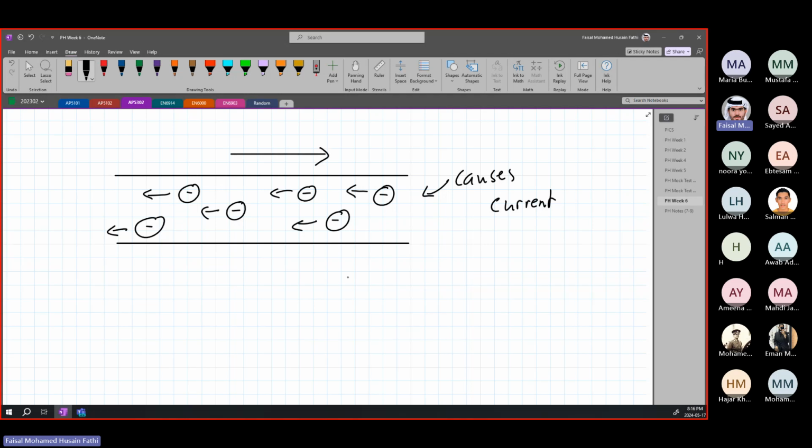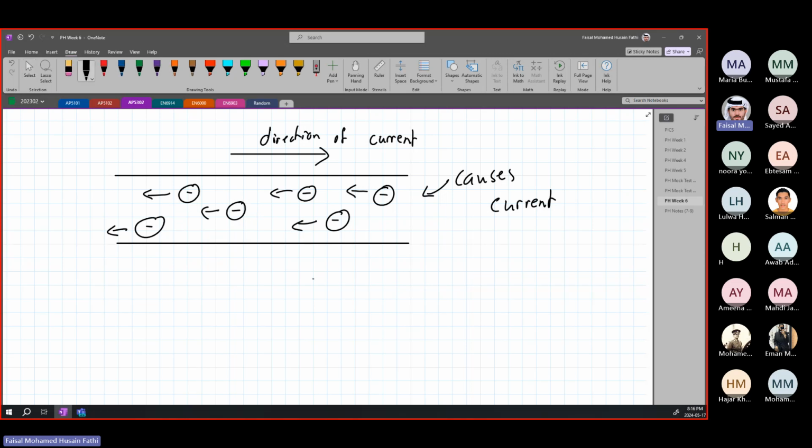So this is going to be the direction of current, okay? This is just the way they have defined it, they simplified it this way, and the direction of current is always opposite to the flow of electrons.